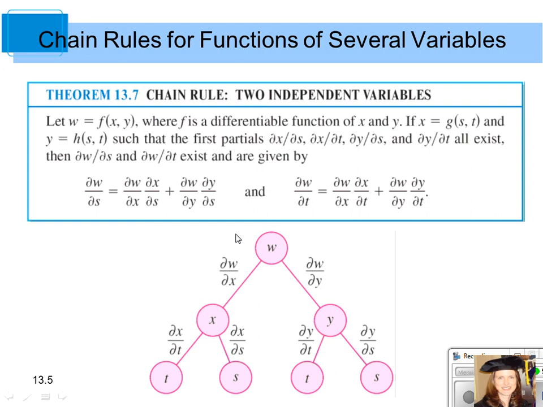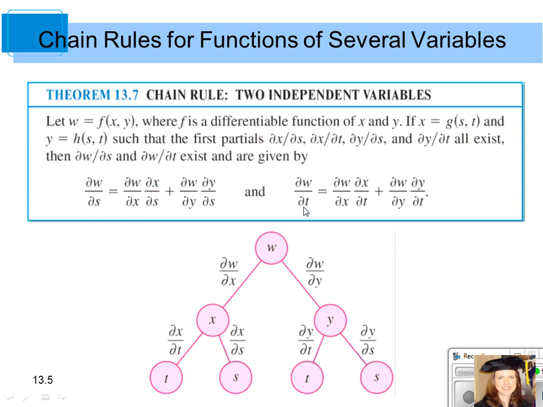So the partial of w with respect to s, start at w and end in s, and look at the branches going down. So the partial of w with respect to x times the partial of x with respect to s. That's our first part here. The partial of w with respect to y times the partial of y with respect to s. That's where we get this part here.